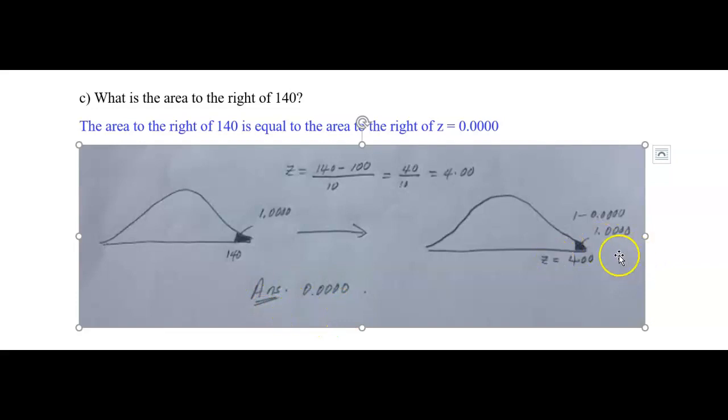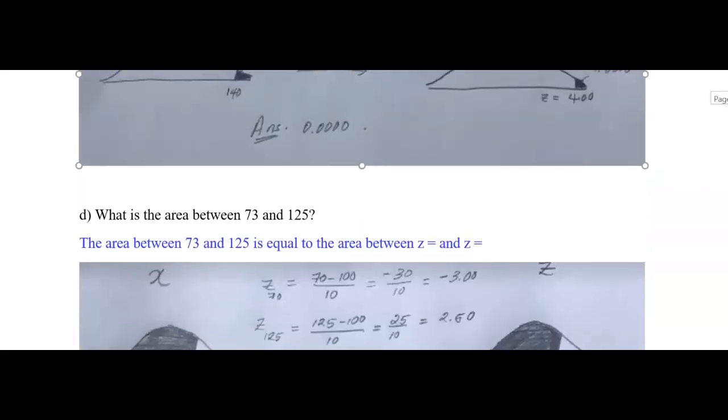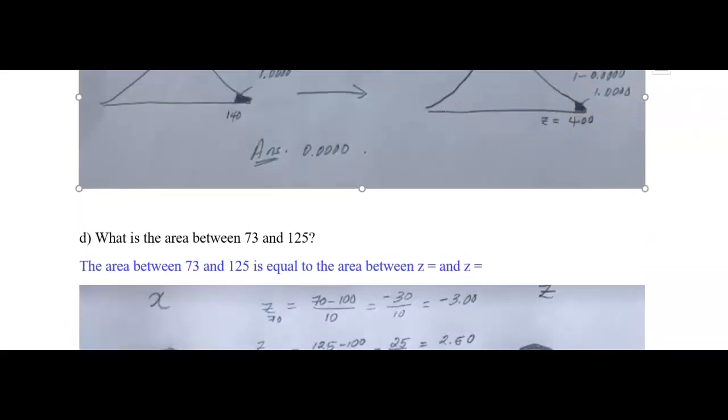So what am I supposed to show here? There's a little bit of error here, guys. It should have been 1 minus 1, which is 0. But there's no error in the answer, just a little error in the picture.